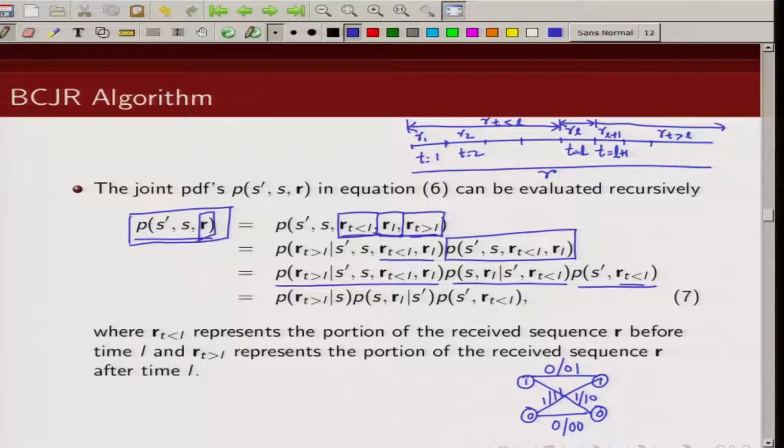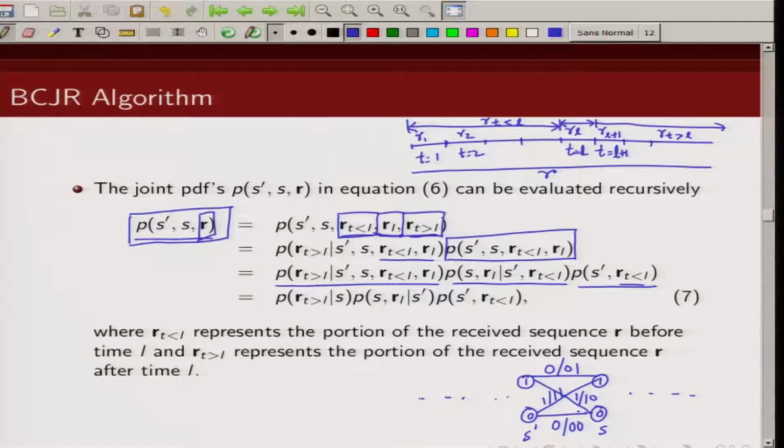Okay. Now, note, and like that in the trellis diagram, this is one trellis section, and you will similarly have other trellis sections. So, this is time L. You are interested in what is the probability of R t greater than L given previous state S prime, given next state S, given the received sequence before time t equal to L, and given the current received sequence.